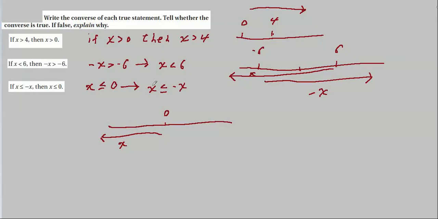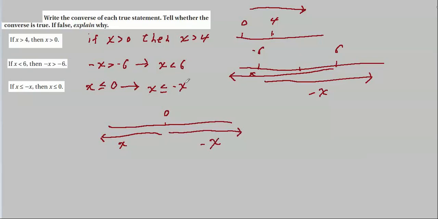Well, then where's minus x? Well, minus x would have to be way over here, wouldn't it? We're just reversing everything. If x was positive, minus x would be negative. Since x is negative, minus x is positive.